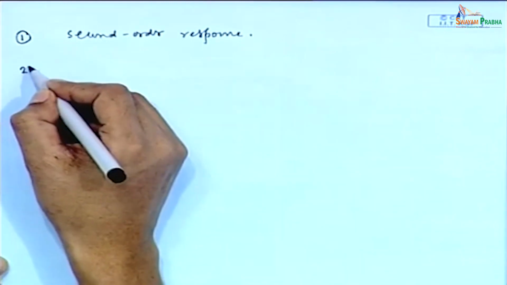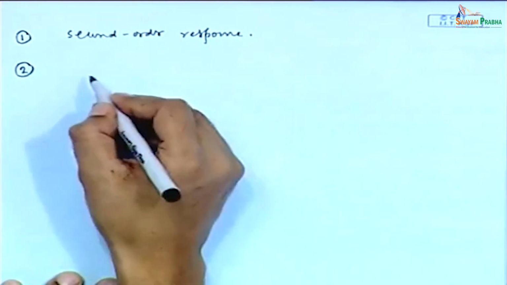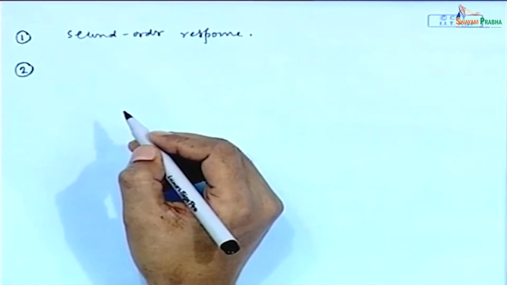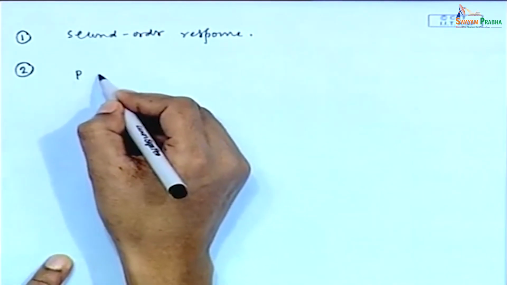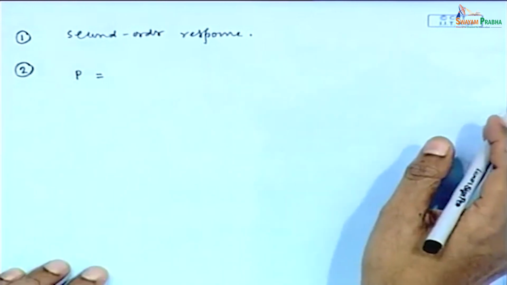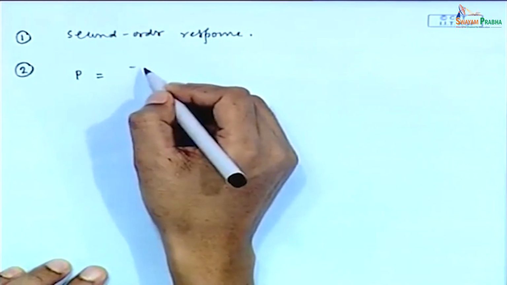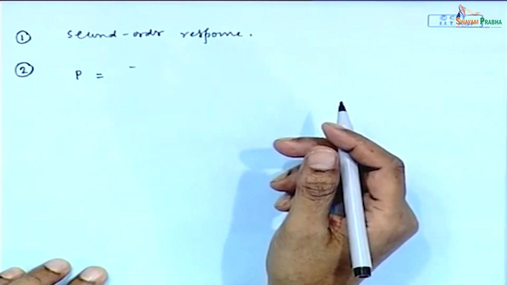Second conclusion: we wish to first find the roots. What are the roots? There are two roots, because if you see the denominator, it is a second order polynomial, a quadratic.